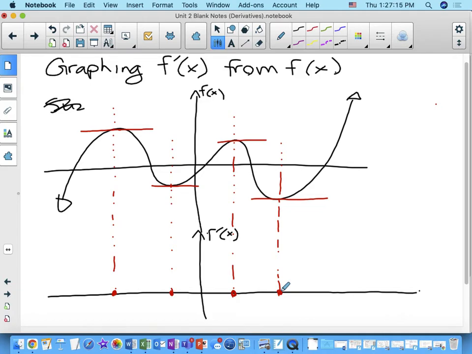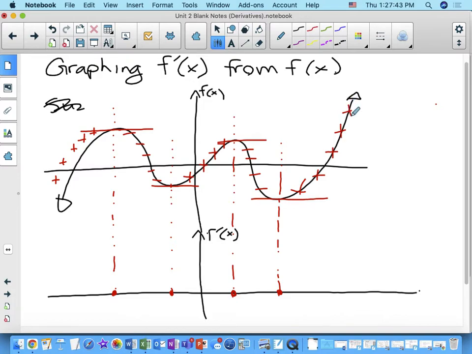If I'm sloping up to the right, positive. Okay, then what happens in this section? Negative. Okay, then what happens here? Positive. What happens here? Negative, and then positive.